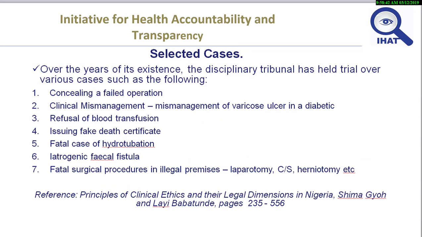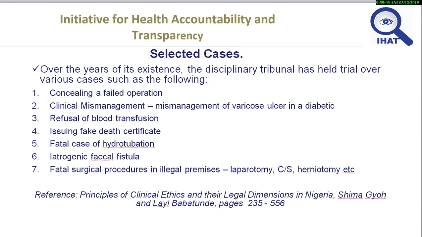Let us look at some selected cases that the tribunal has handled over the years. We have a case of concealing a field operation. We have also cases of clinical mismanagement. Particularly, there is a case of mismanagement of varicose ulcer in a diabetic.